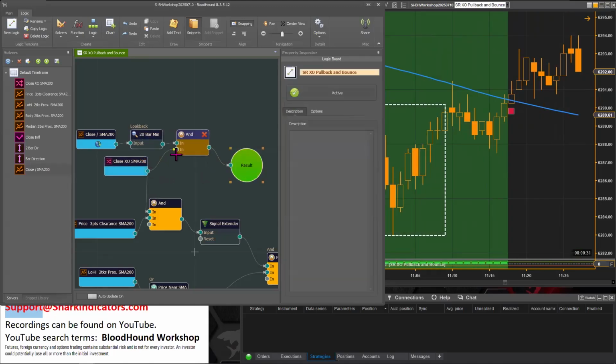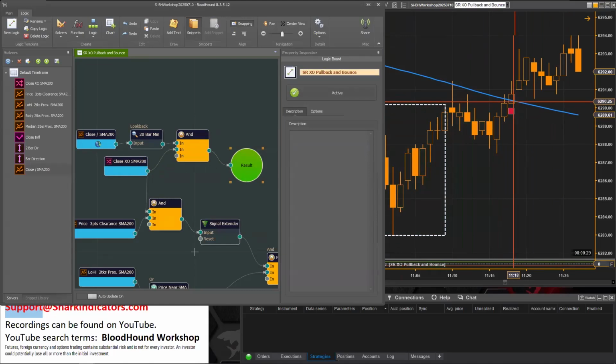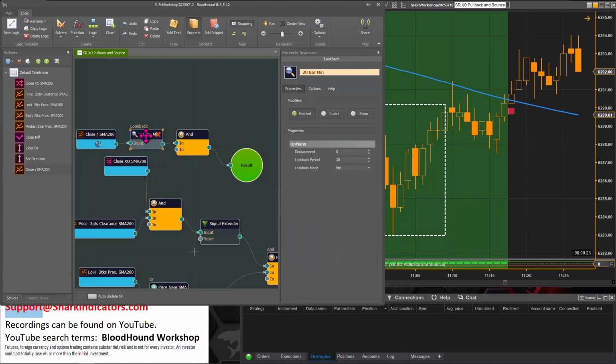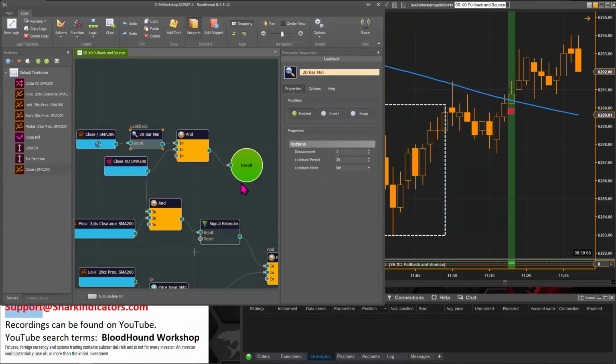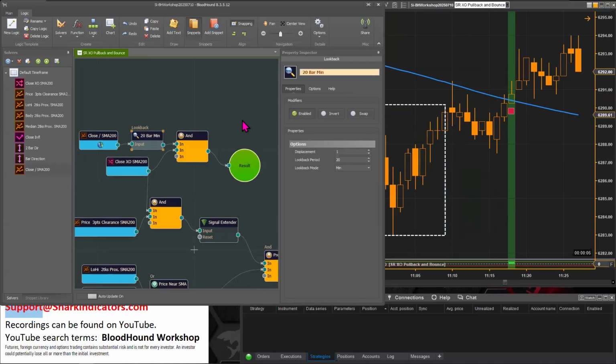Again, if we connect in our crossover, we don't get anything. But if I re-enable this displacement here and set it back to 1, the output shifts forward until we get to the crossover bar. Connect that in, and there we go. There's our crossover.